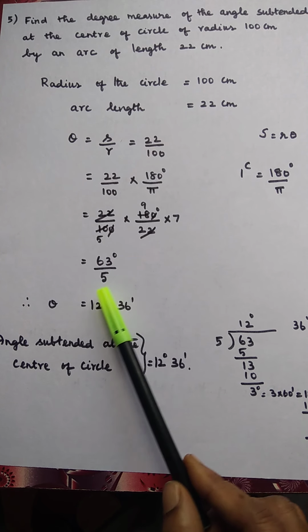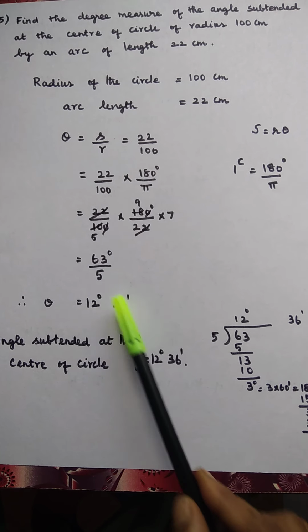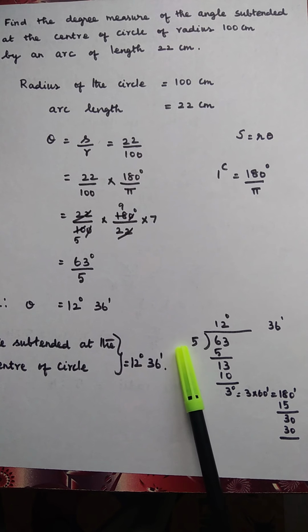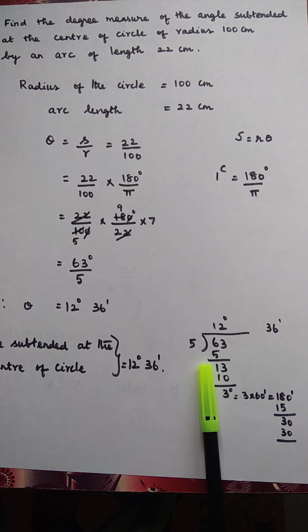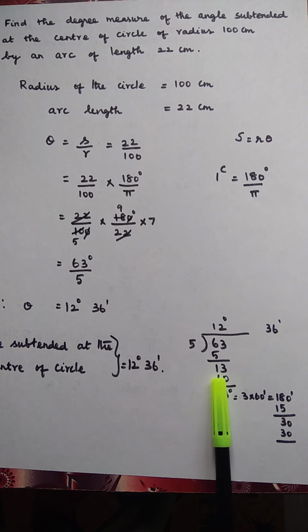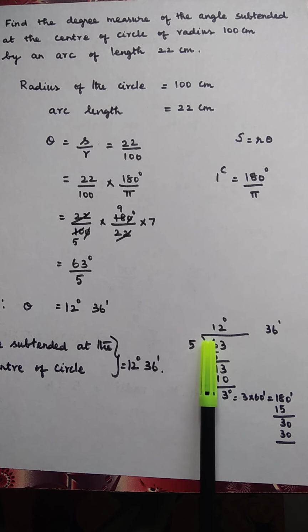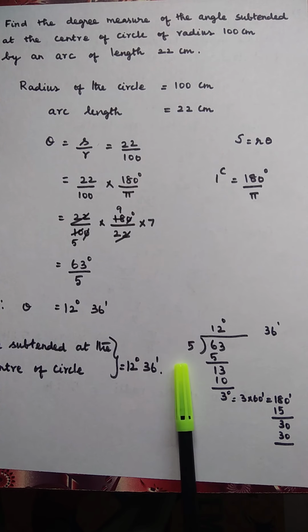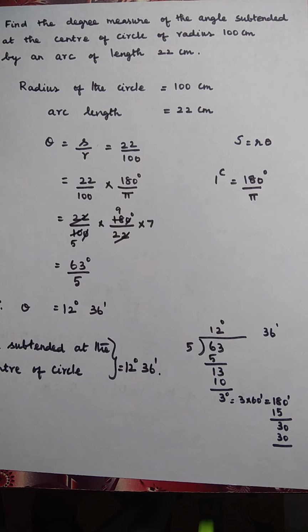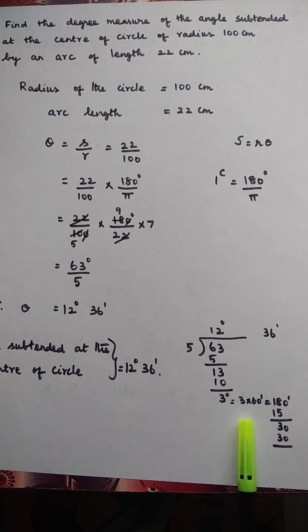Now the degree is a fraction, so we can divide. 63 divided by 5. 1 time 5, remainder 1. 13 divided by 5 is 2, 10 times, remainder 3. Now 3 cannot be divided by 5. This is in degree, so converting degree into minutes. 1 degree is 60 minutes, so 3 degree is 3 into 60, 180 minutes.